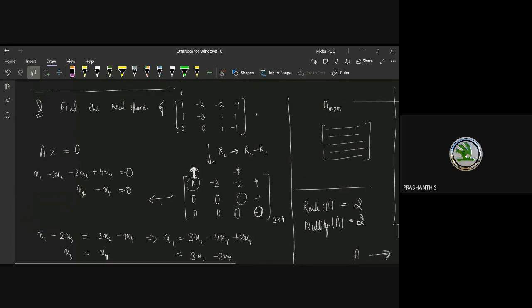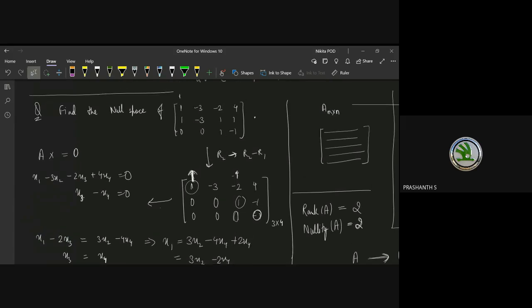The first and third column of A will span the column space, right? What about the first and third column of the row echelon form? That will also span the column space. That will also give the column space of A.